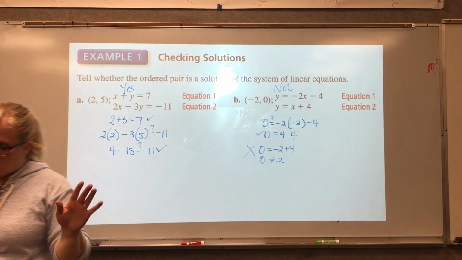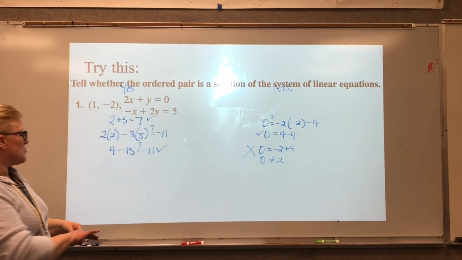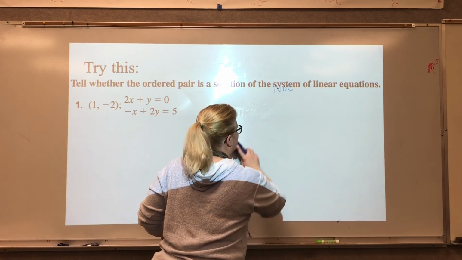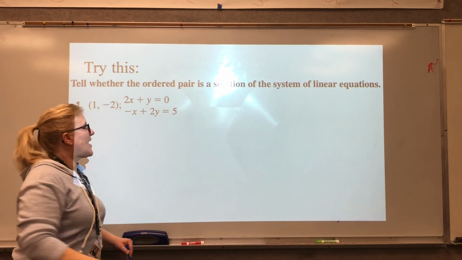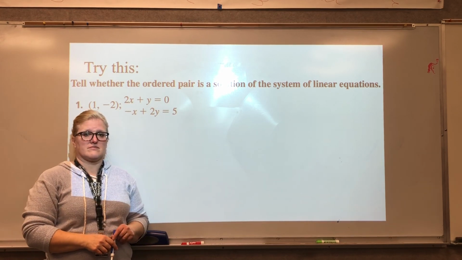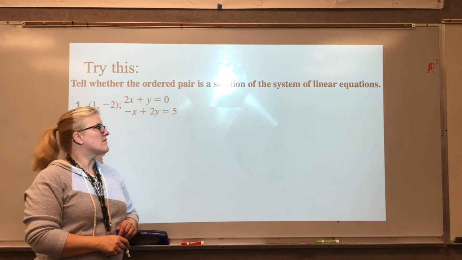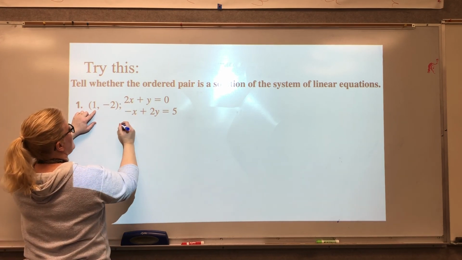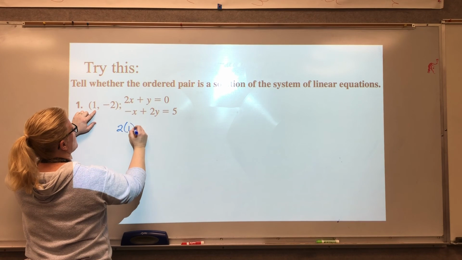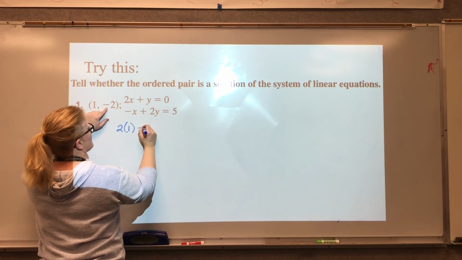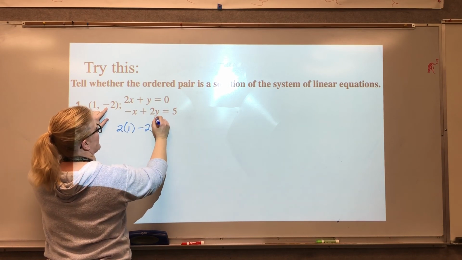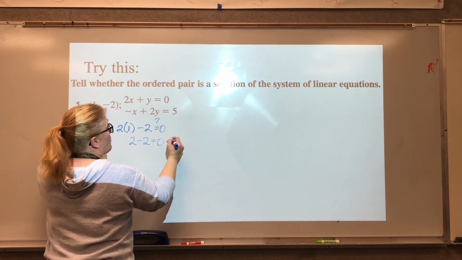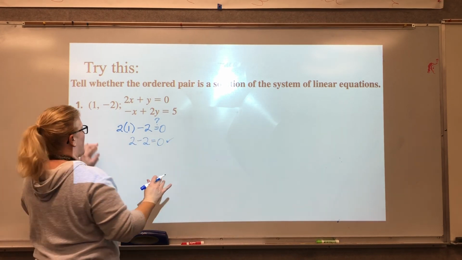Okay, I want you to try this one. Go ahead and pause your video. Okay, so we're just plugging in, right? We've got 2 times x, which is 1, plus y, which is negative 2, equals 0. Is that true? Well, 2 minus 2 is 0, so that one checks off.